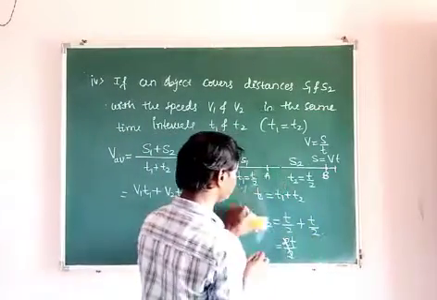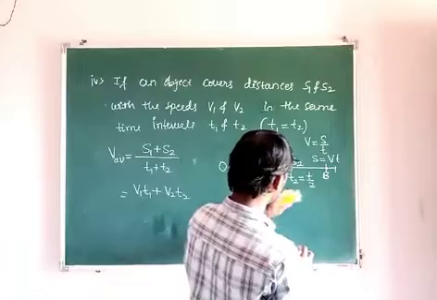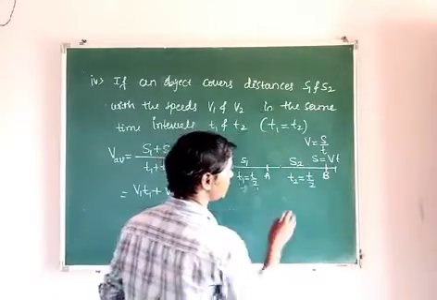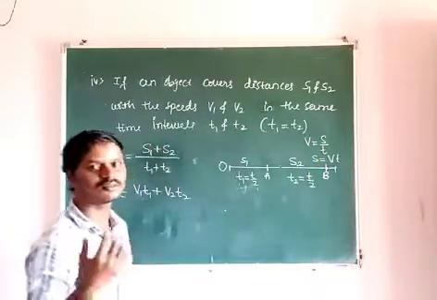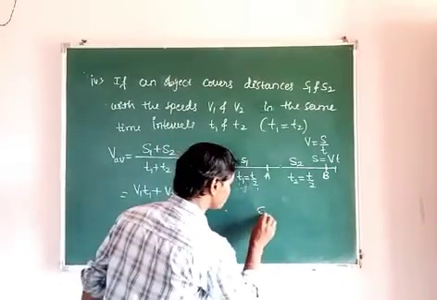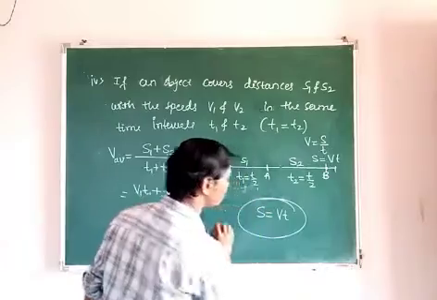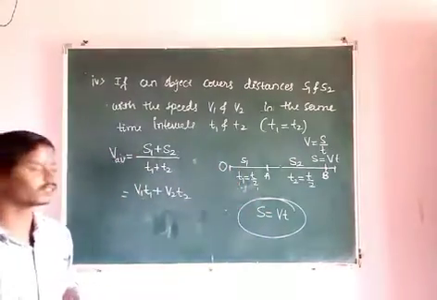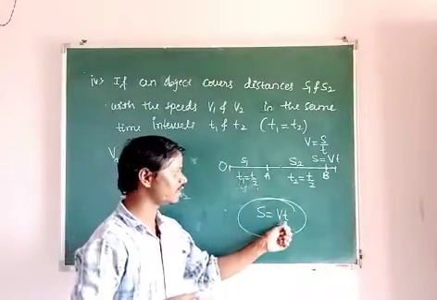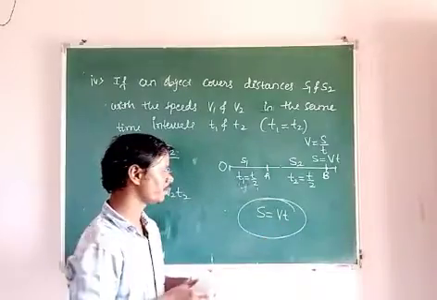If we know the speed and time, we can easily find the distance traveled by the object. That is S is equal to V into T. This is the formula used to find the distance traveled by the object when we know the speed and time taken. Okay.